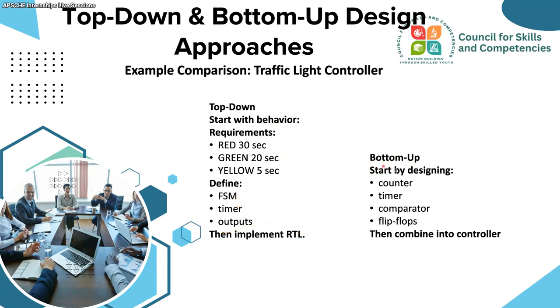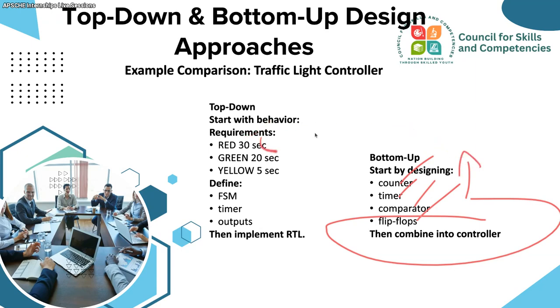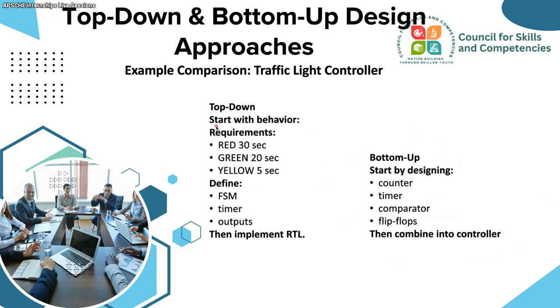In the bottom up approach, directly we go for counter, timer, comparator, flip-flops, then they combine into a controller. Top down is the requirement specification, everything they will take and go on. Here they start with the parts and then combine. Okay, so that is the difference between the top down and the bottom up approach.